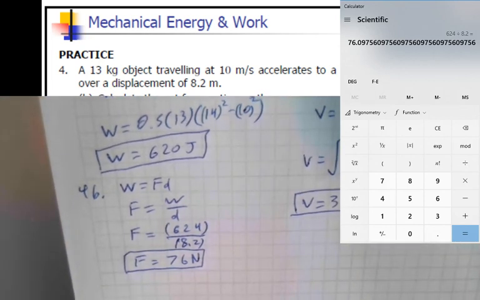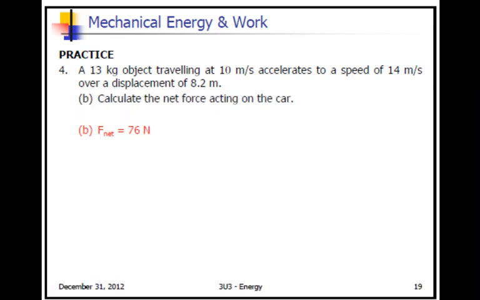And again, going through this again, we could have solved for our force by using kinematics to solve for A, and then used Newton's second law, F equals ma, to solve for F. But using what we learn in this unit, the conservation of energy, the work is equal to the difference in mechanical energy. We can find the work, and then we can use that work and the work equals force times displacement equation to find our force.